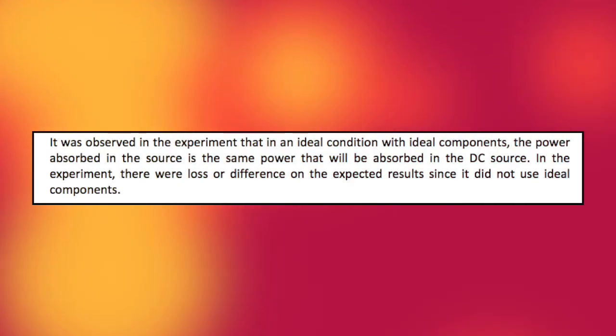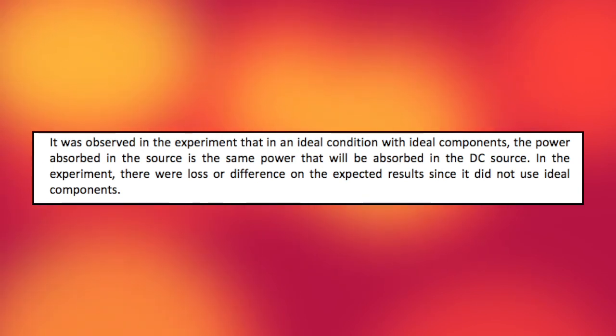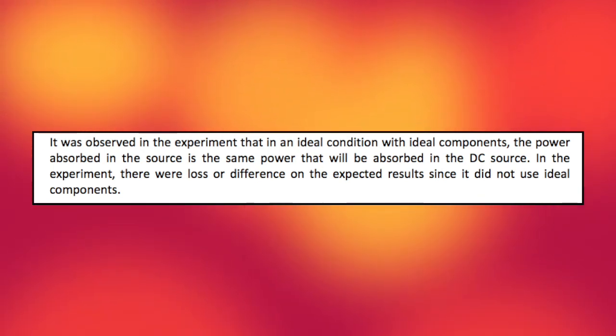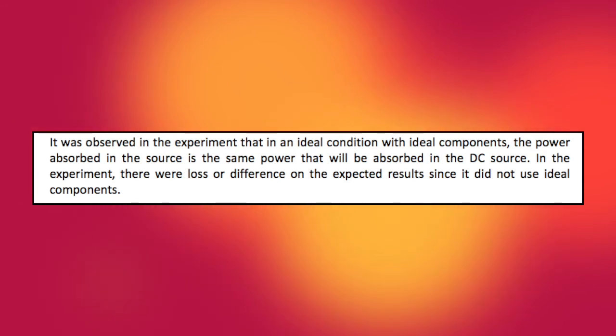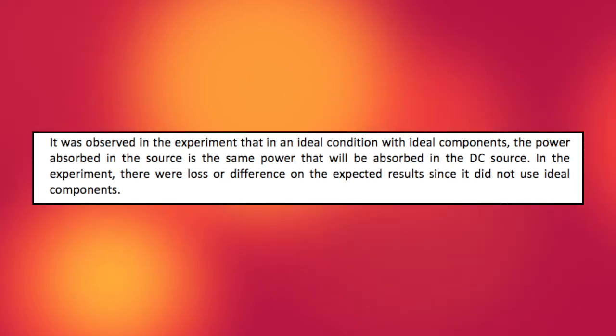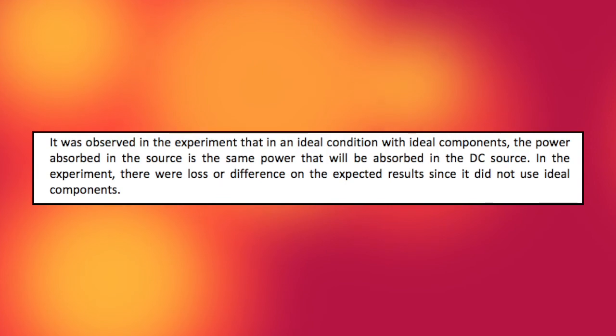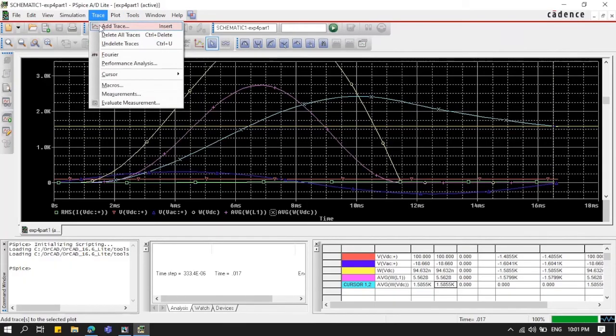In this part of the experiment, it was observed that in an ideal condition, with ideal components, the power absorbed in the source might be the same power that will be absorbed in the DC source. In the experiment, there were losses or differences in the expected results since it did not use ideal components.